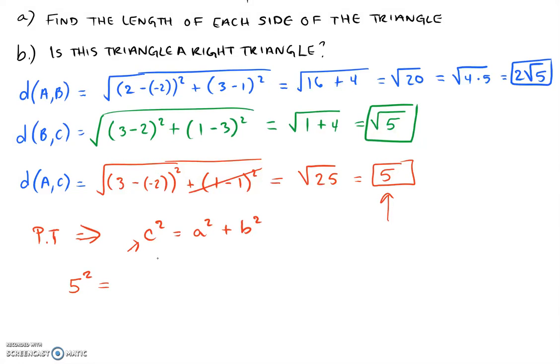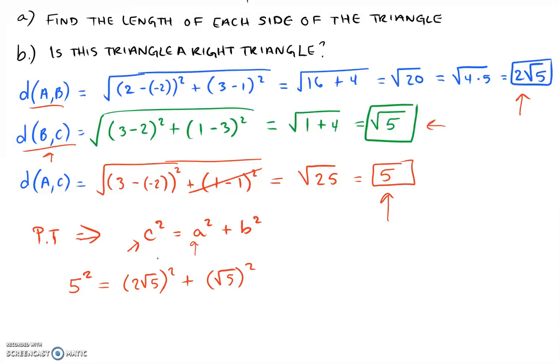We're going to square that. Let's call side AB our A value, and we'll call BC our B value. So let's go ahead and plug in what we calculated. That would basically be 2 square root of 5 squared plus square root of 5 squared.